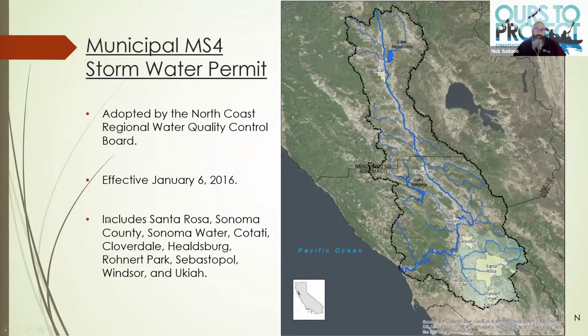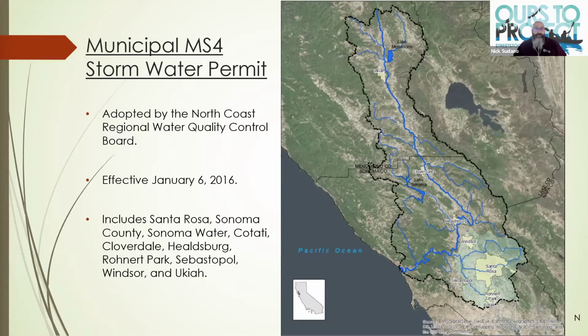The presentation that we're going to give you today is for the jurisdiction and the boundary that you're seeing on this current slide. Now, what I will tell you is that the current permit was effective January 6th of 2016. It's currently being renewed. These get renewed every 5 years, but there's always a delay in that renewal cycle.